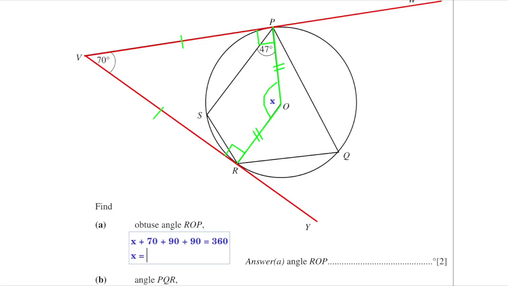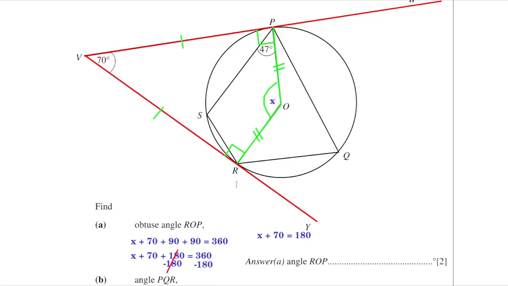So X plus 70 plus 180 equals 360. If I subtract 180 from both sides, I get that X plus 70 equals 180.